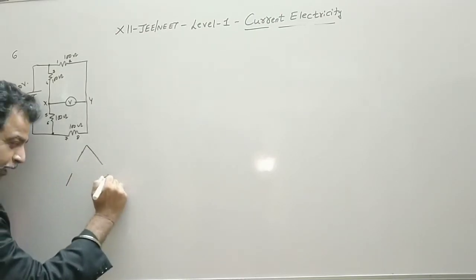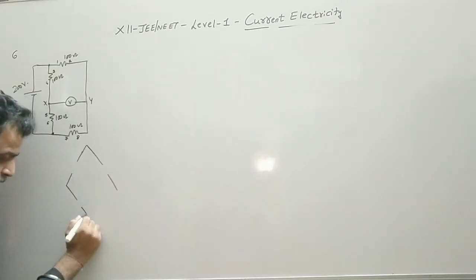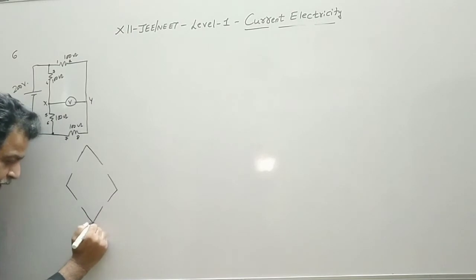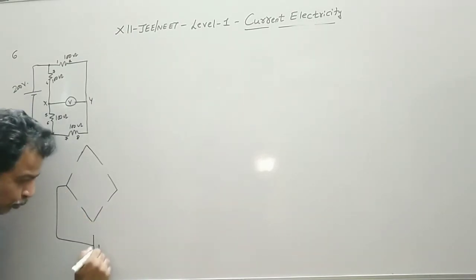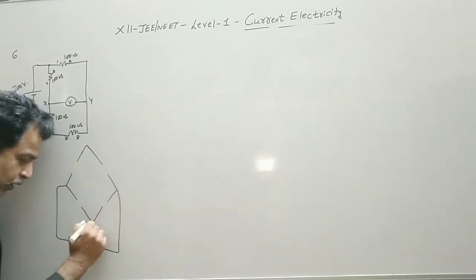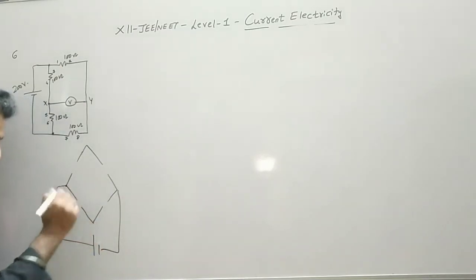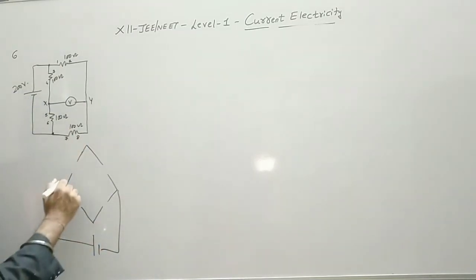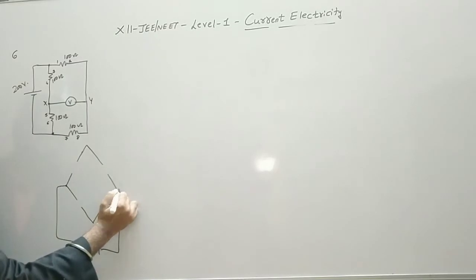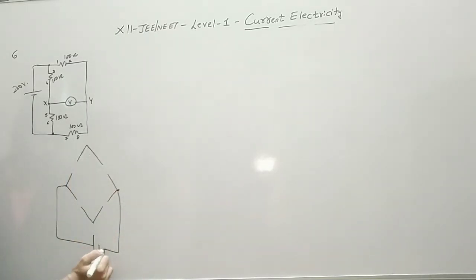In the Wheatstone bridge, the current from the battery is divided into 2 branches or 2 arms, and the negative terminal is also divided. So first we try to find out whether it is a Wheatstone bridge or not.